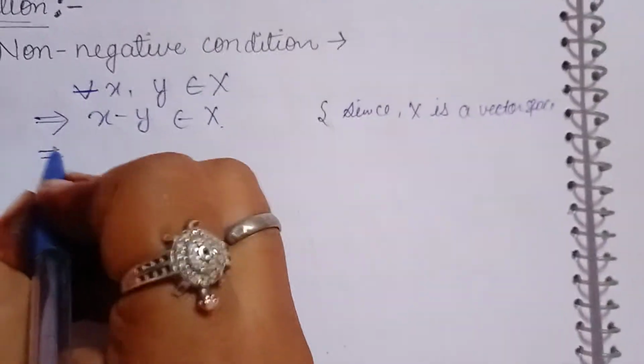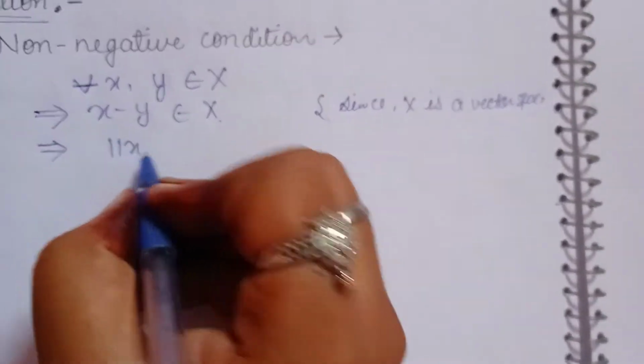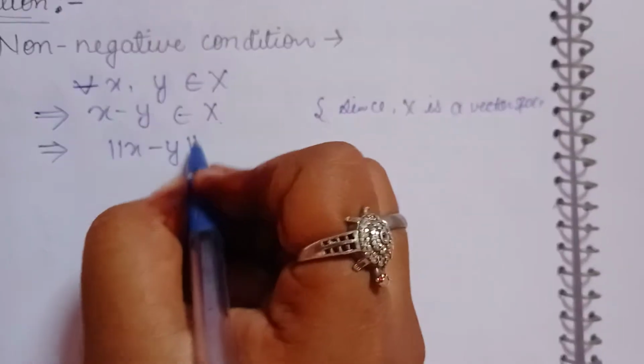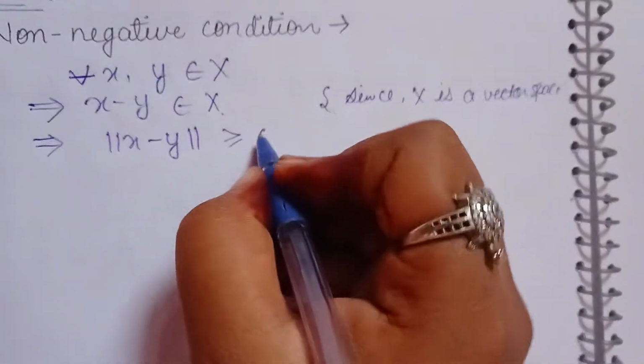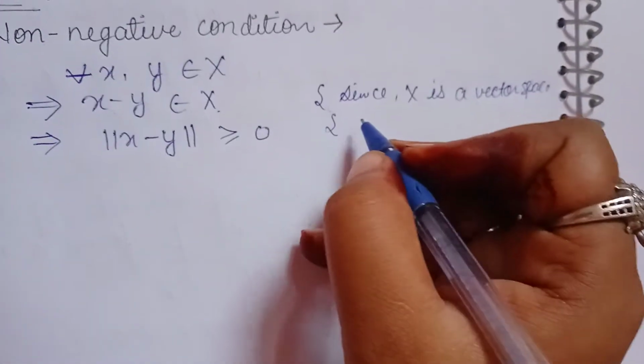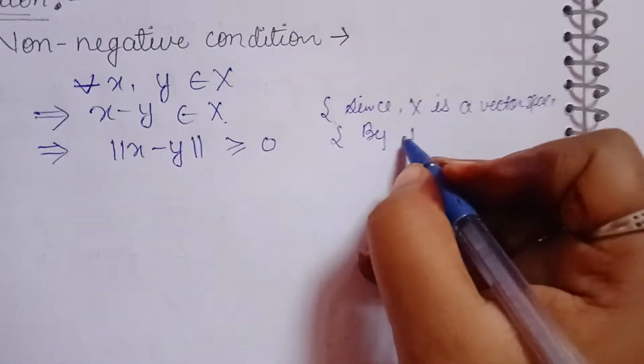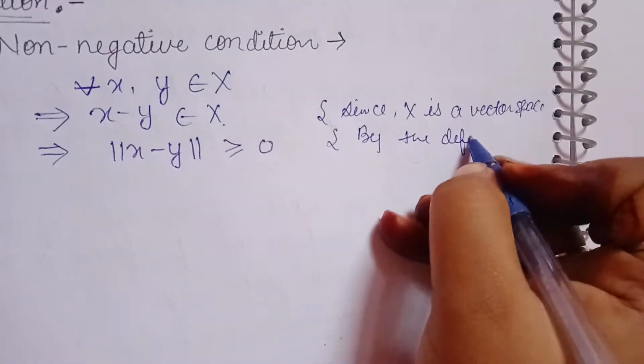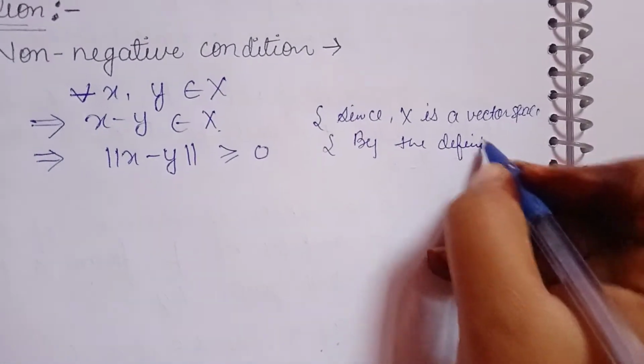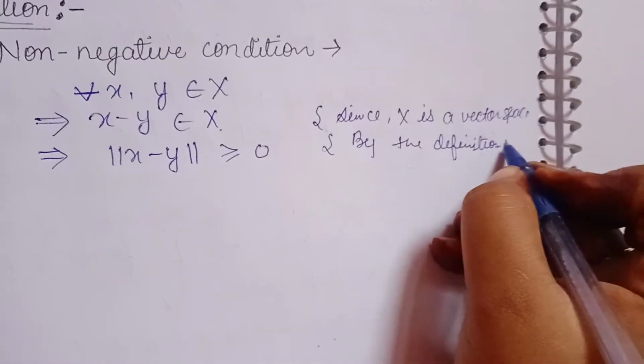This implies that norm of x minus y is greater than or equal to 0, by the definition of d.